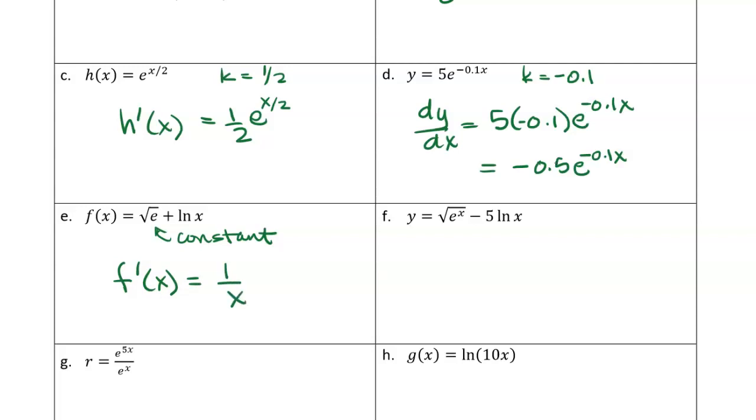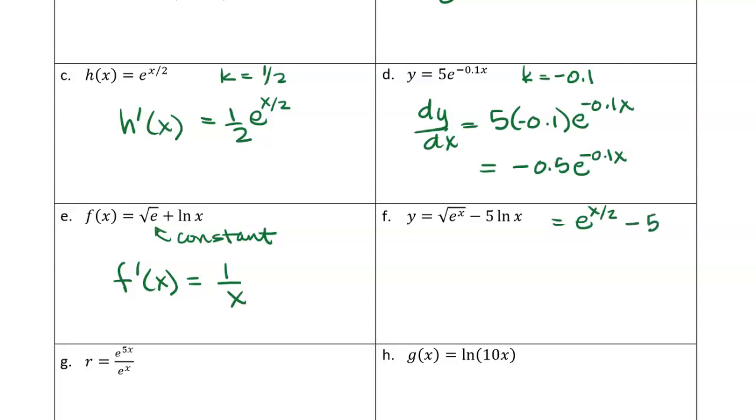All right, let's take a look at this next one. Okay, now we have the square root of e to the x. So remember, we can treat the square root as a 1/2 power. So this is e to the x to the 1/2 power, and that is just e to the x over 2, right? 1/2 times x. And then we have minus 5 times the natural log of x, right?